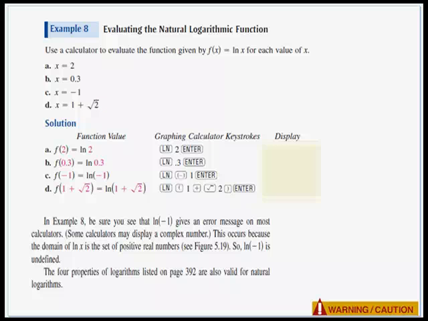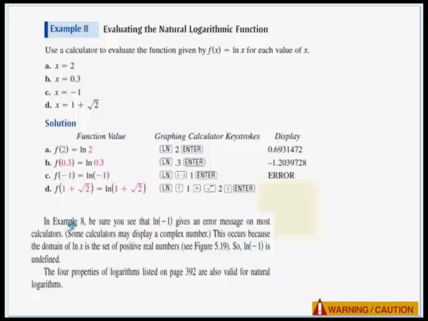So if you plug in 2 and hit the ln key, you should get an output of 0.6931472. Plug in the decimal 0.3 and hit the ln key, and you should get negative 1.2039728. Plug in a negative number, -1, hit the ln button, and you're going to get an error.